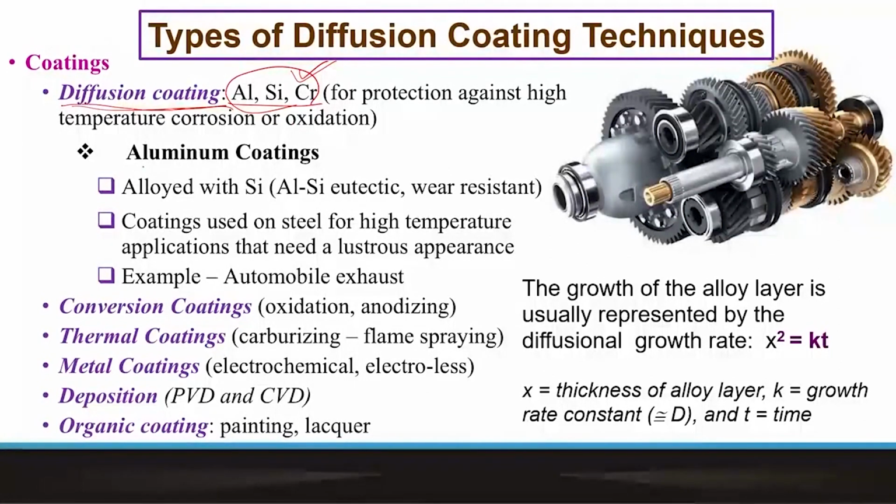So typically aluminum coating is one of the most common approaches for such protection measures, applied on steel for high temperature applications. It also gives us a typical lustrous appearance. Apart from very high temperature components, even medium temperature components exposed to fairly corrosive gaseous attack, such as automobile exhaust pipes or exhaust regions, routinely have such coatings applied.